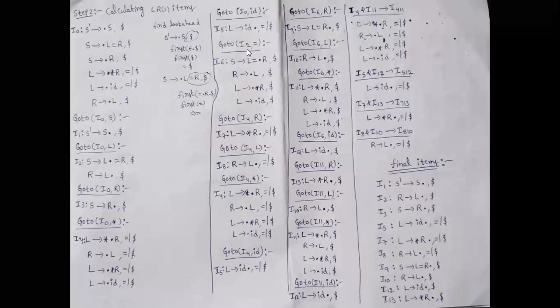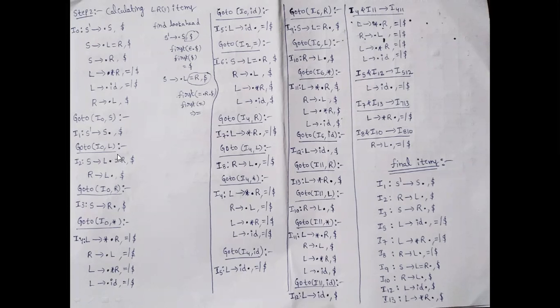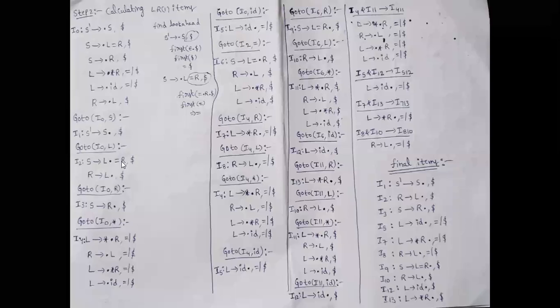So applying goto, S produces, this dot is moving one position to the right, then the production becomes S produces L equal to dot R, and dollar is the look ahead symbol, we are writing it as it is.